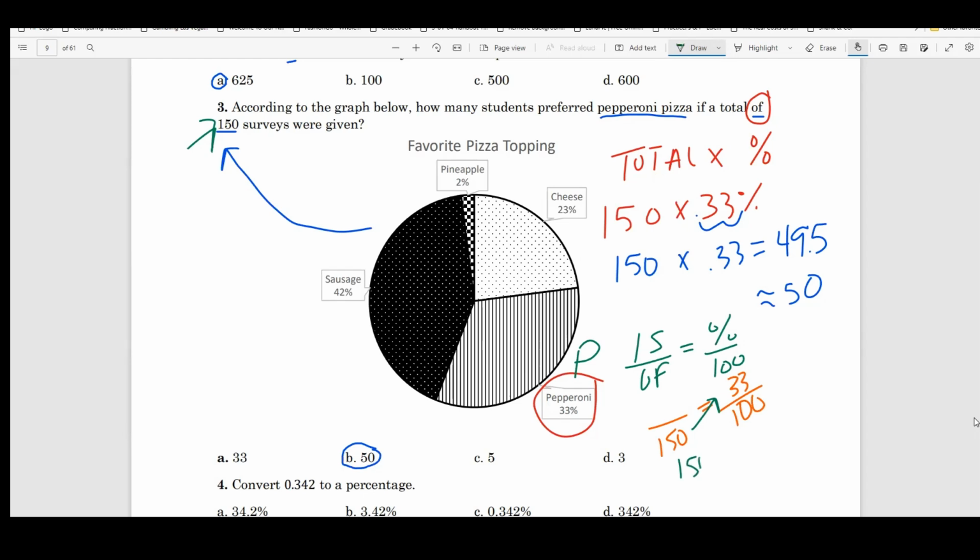So we say 150 times 33, which gives us some large number, 4,950. Then, of course, we divide by the value that's left over, in this case 100. So 4,950 divided by 100 gives us 49.5.